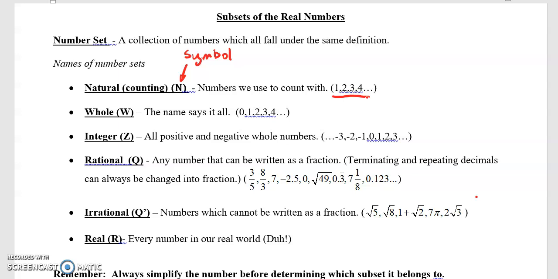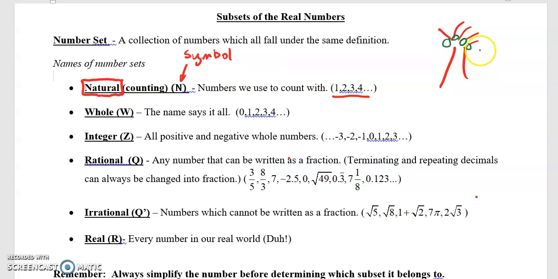Now, notice that counting numbers can't be fractions and can't be decimals. And the reason is, if you look at the actual name for these numbers, it's the natural numbers. And the reason why we call them natural numbers is because these are the numbers that appear in nature. If I had a coconut tree producing coconuts, it can produce 1 coconut, 2 coconuts, 3 coconuts, 4 coconuts, and so on.